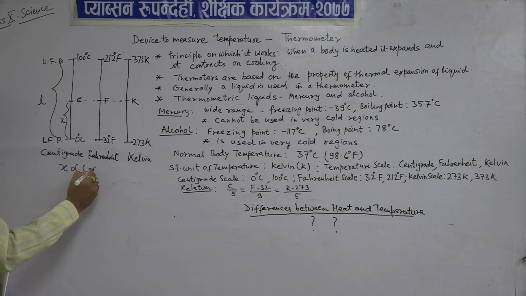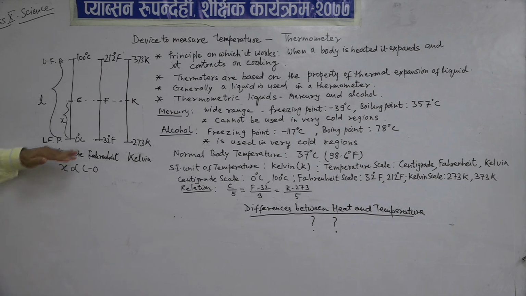Because the lower reading is 0 and the upper reading is C, x is proportional to C minus 0. I have written proportion because if you take x here, here, or here, it may get changed. This length x may vary. Similarly, you have got it for the centigrade scale.